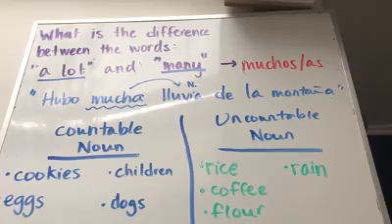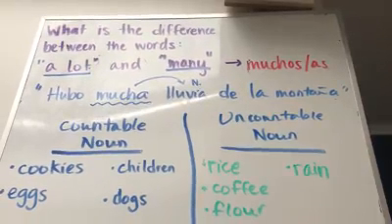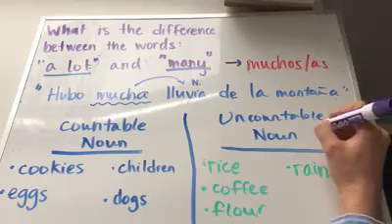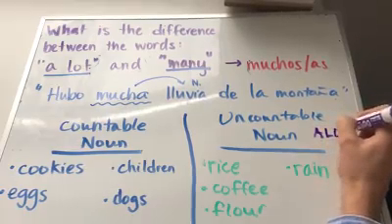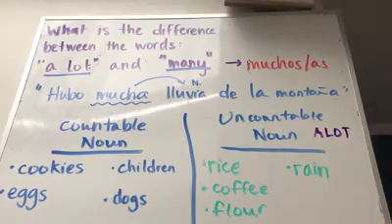For uncountable nouns, we can use the word a lot when we want to say mucho o mucha. So we're going to use the word a lot for uncountable nouns.